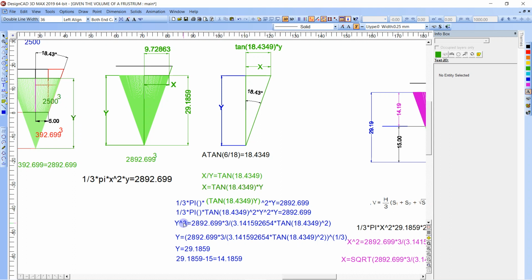So we end up with y cubed, which is y squared times y, equal to 2892.69 times 3 divided by everything that was on top.